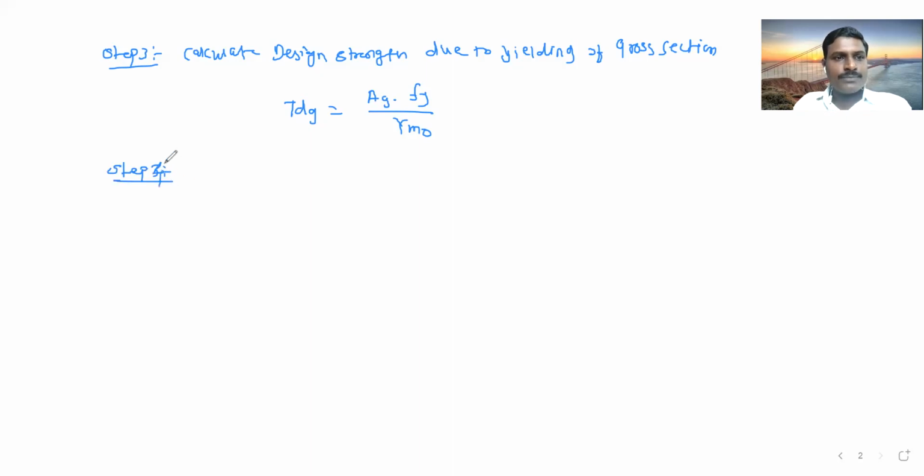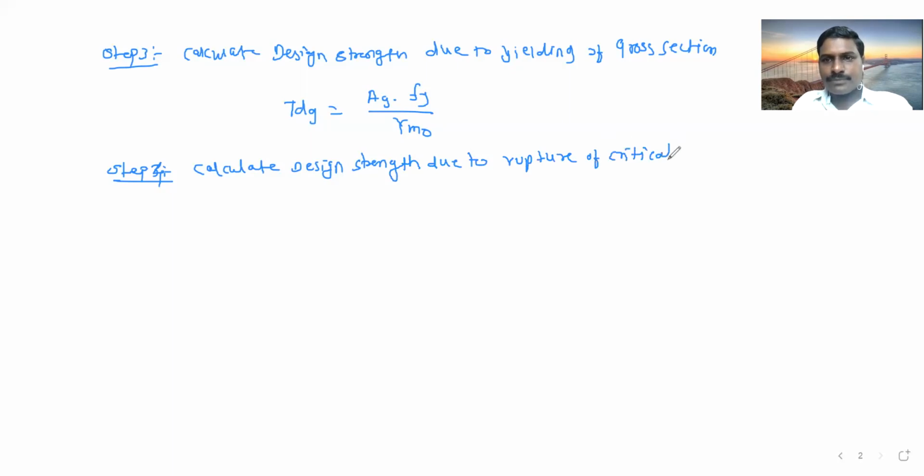Then step 4, calculate design strength due to rupture of critical section, or net section.